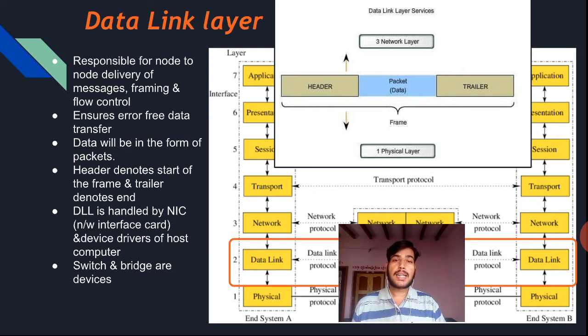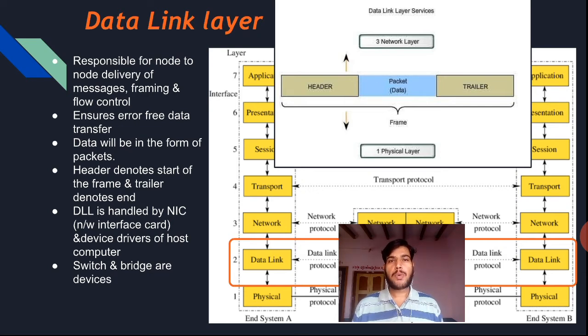So that at the receiving side, when these frames get transferred over the network, it will be very helpful in identifying the correct sequence of the frames, so that the data reaches the receiver in the correct order. So this layer ensures error-free data transfer.